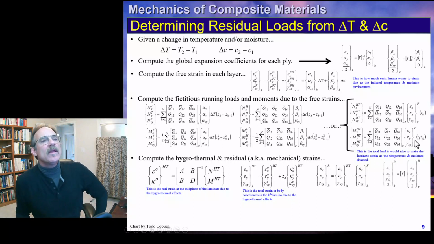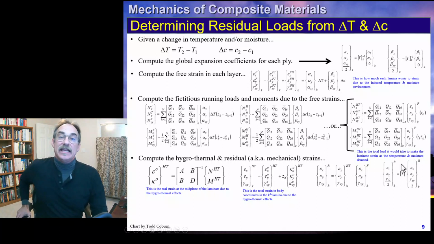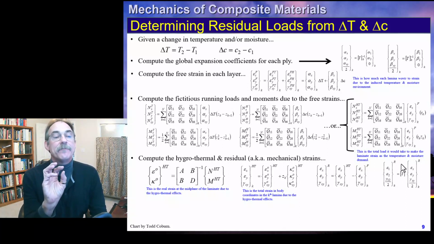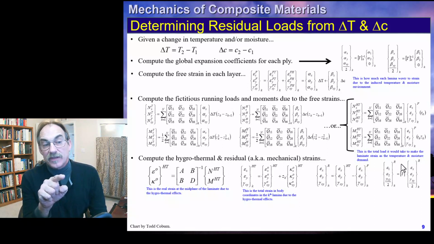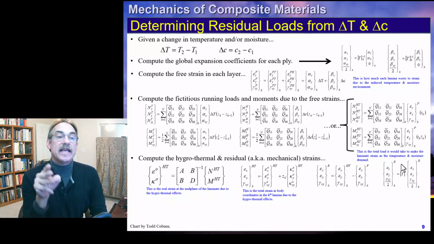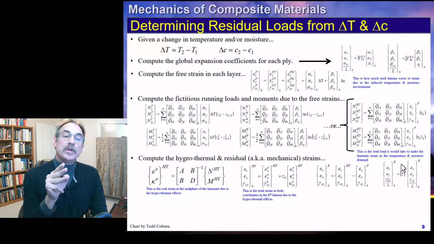Okay? Once we have those body coordinate residual strains, we can find the principal material direction strains in every ply by pre-multiplying by the T matrix of that ply. Actually, there should be a subscript on this T, right? Because what we're going to do is take the residual strains in body coordinates for every ply, and pre-multiply by the T of that ply to get the residual strains in principal material directions.